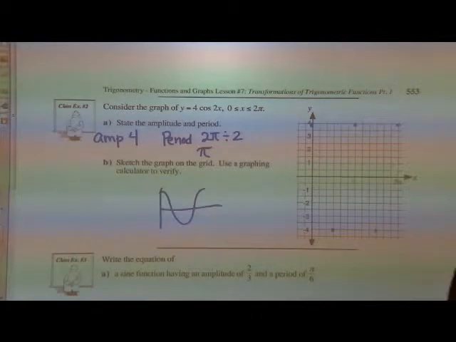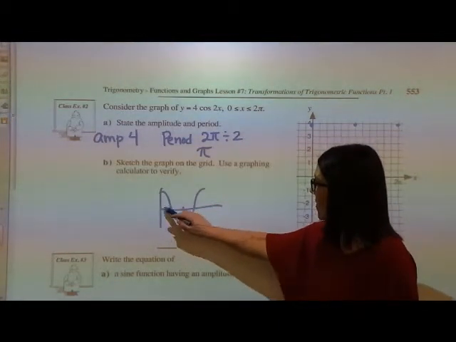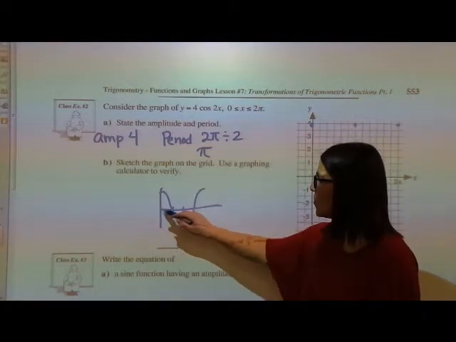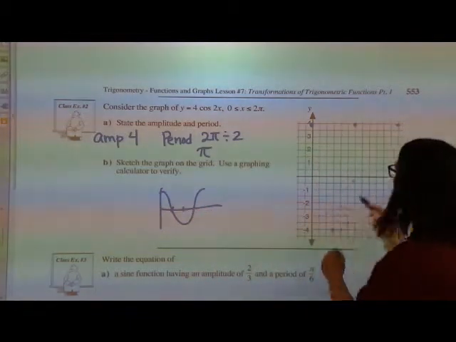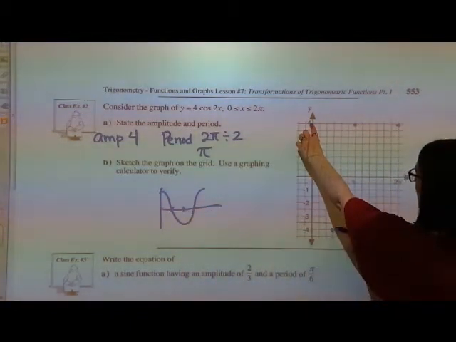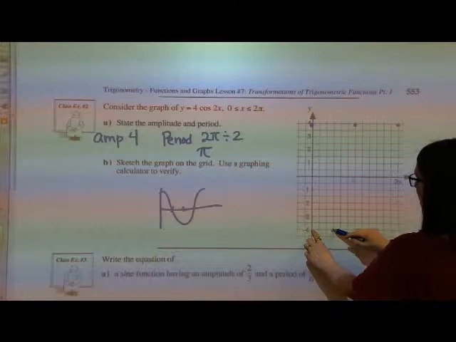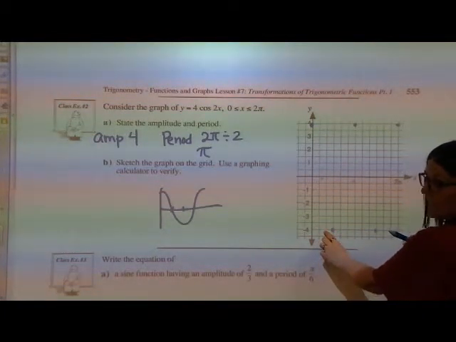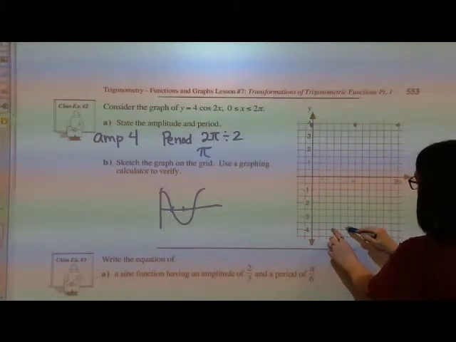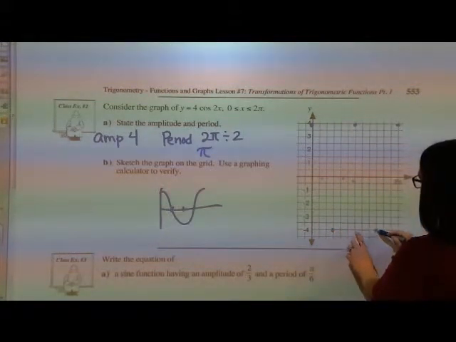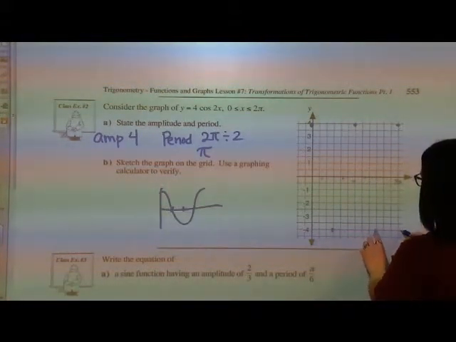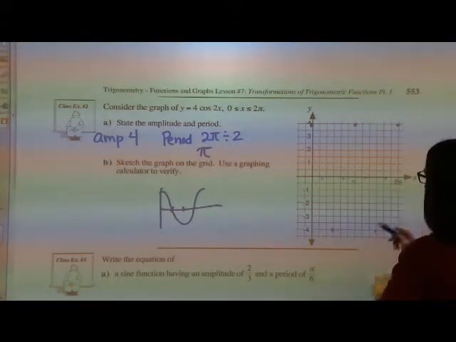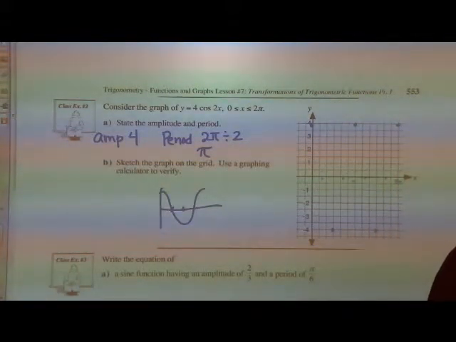And then in my cosine graph, the x-intercepts are halfway between the min and the max. So if I look, there's my min and my max, halfway in between is going to be like at 1.5. That's where it's going to cross the x-axis. Halfway in between, halfway in between, halfway in between. So now I have my points of where it's going to cross the x-axis.